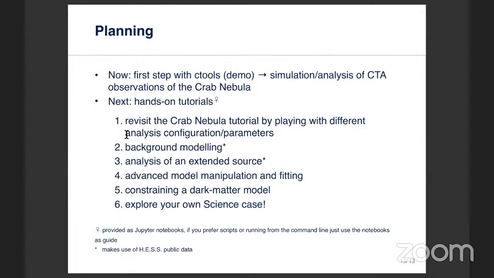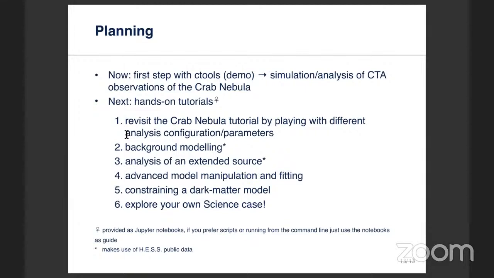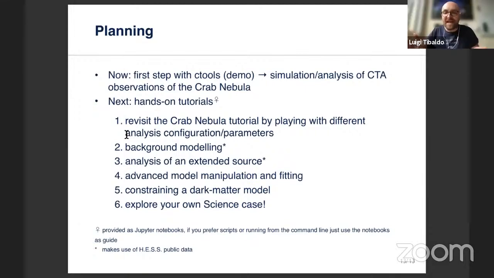For beginners, you recommend number 1 or number 2, right? Or maybe number 3 also. It depends which kind of beginner, right? It depends if you have previous experience in gamma ray data analysis.